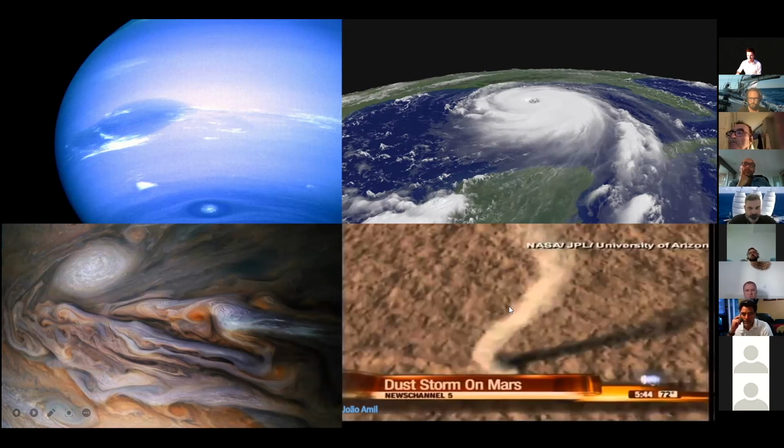And the last one, bottom right, is a picture of Mars. It's very interesting because Mars has a very thin atmosphere, which is 1% of Earth's atmosphere density, and still it has some events like, in this case, a small tornado.